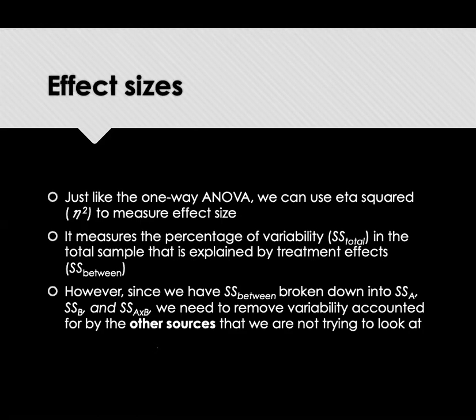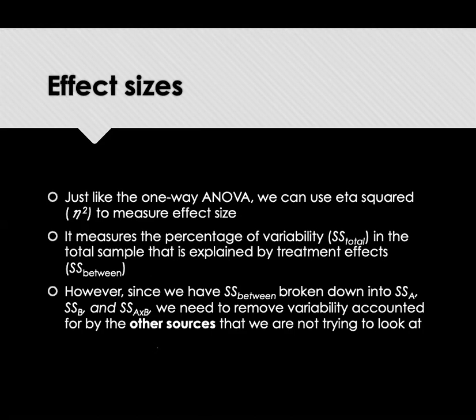And when I say variability in the total sample, you should think of sum of squares total. And that's explained by treatment effects, you should think of sum of squares between. The problem is that since we have sum of squares between broken down into sum of squares for A and for B and for the interaction of A by B, we need to remove variability accounted for by the other sources that we are not trying to look at.